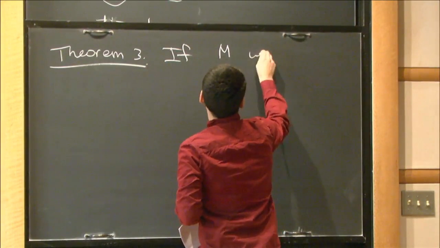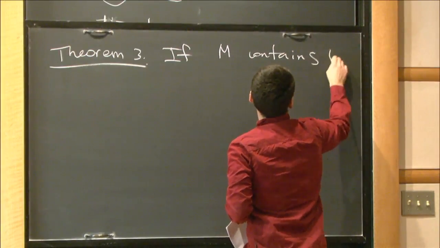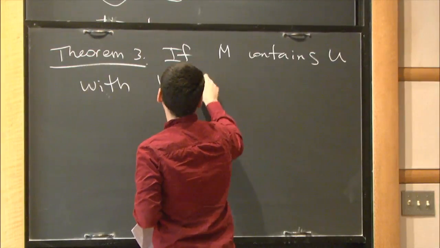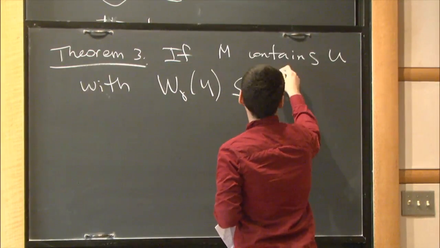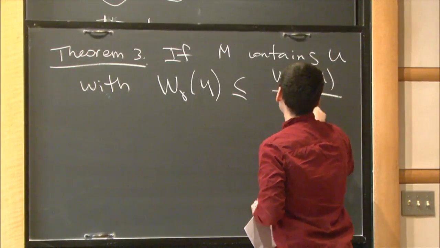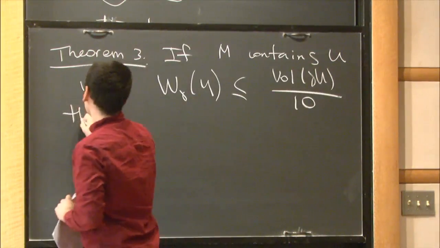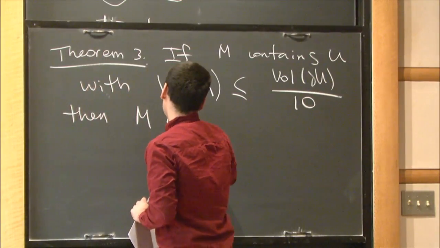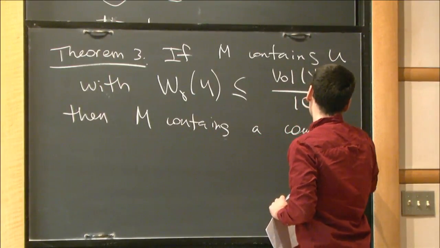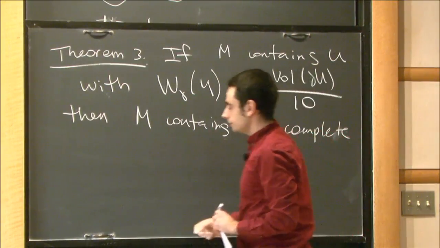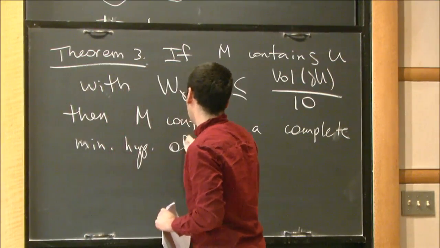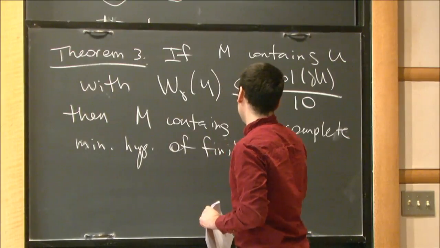If M contains a set U with relative width of U less than or equal to the volume of the boundary of U over 10, then M contains a complete minimal hypersurface of finite volume.